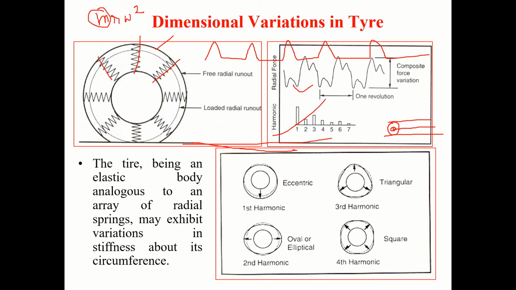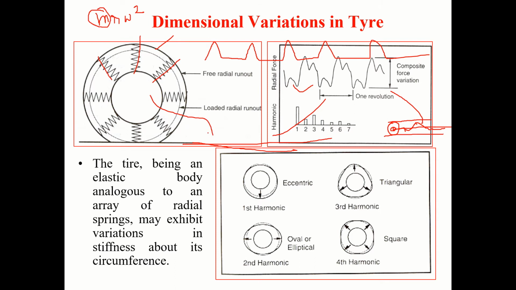It may not happen like this; it may go down like this, maybe the displacement is more. So it will be following this path instead of a horizontal path. That will also become an excitation because of the variation in stiffness.